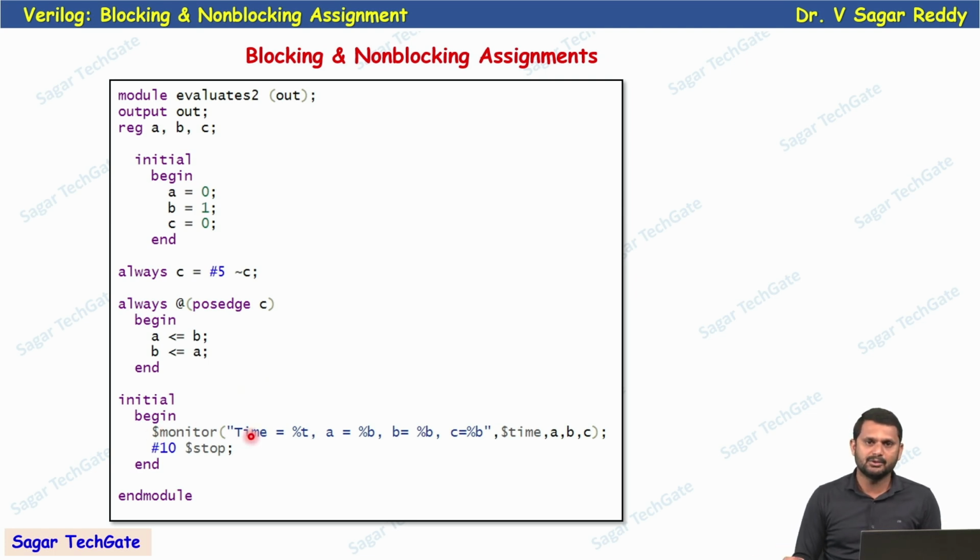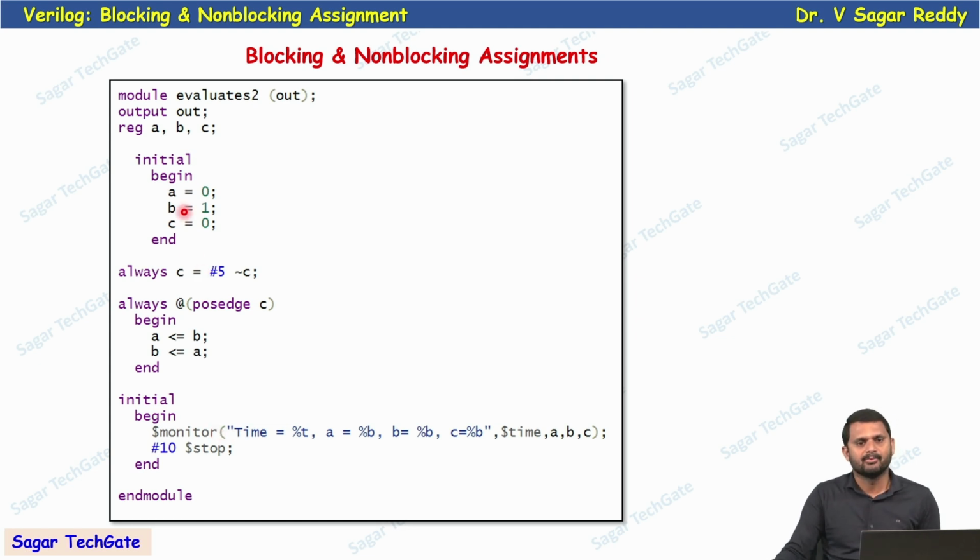Monitor will execute whenever the ABC value changes, at the end of the current time step. If ABC values do not change in that current time step, the monitor won't execute.